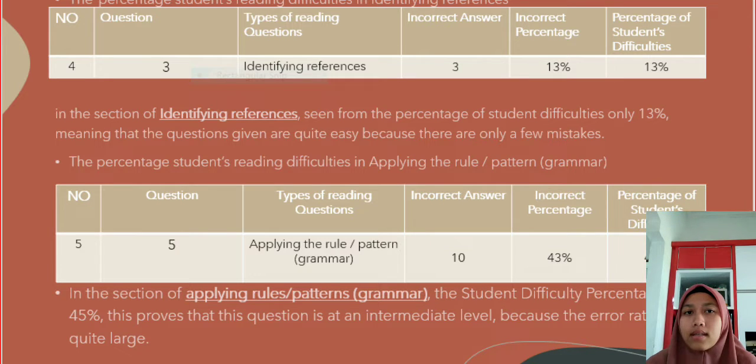And the next is the percentage of student reading difficulties in applying rules or pattern grammar. In this section, the student difficulty percentage is 45%. This proves that this question is at an intermediate level because the error rate is quite large.